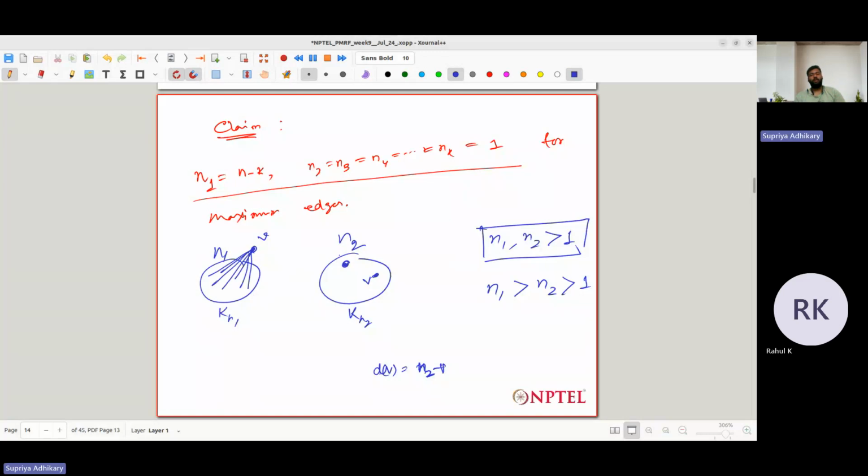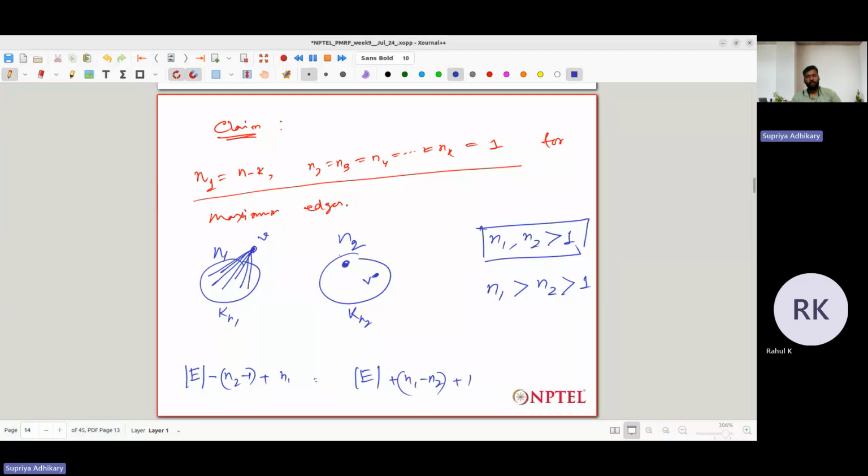Then the total number of edges would now be whatever the number of edges was before, minus n2 minus 1, because we are deleting this vertex from here, plus n1, because we are adding n1 many edges over here. So that will be nothing but the cardinality of E plus n1 minus n2 plus 1.